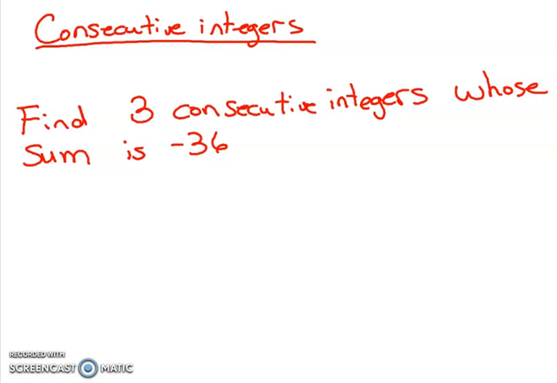Now, let's get to talking about consecutive integers. If I talk about consecutive integers, I might be talking about 1, 2, and 3. Or I might be talking about 7, 8, and 9. Or 21, 22, and 23. Or even negative, so consecutive integers would be like negative 6, negative 5, negative 4.